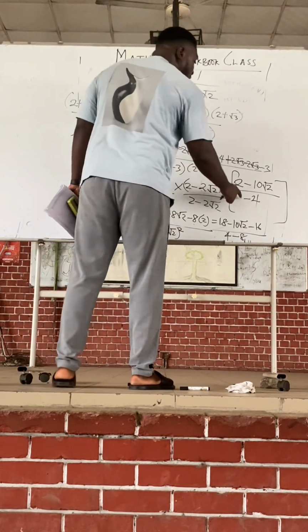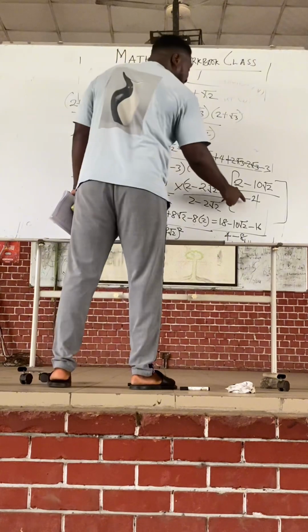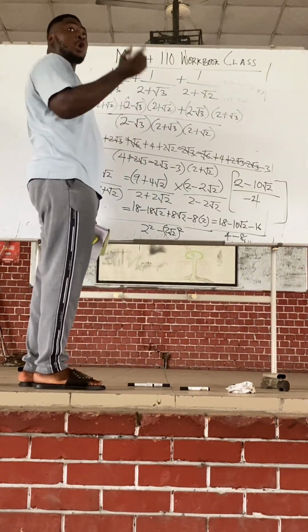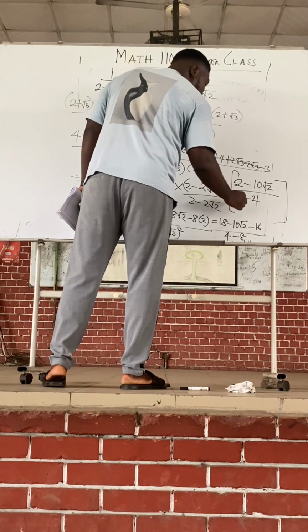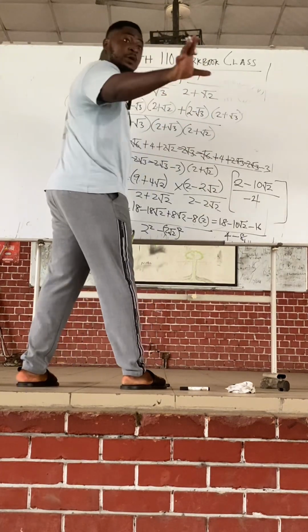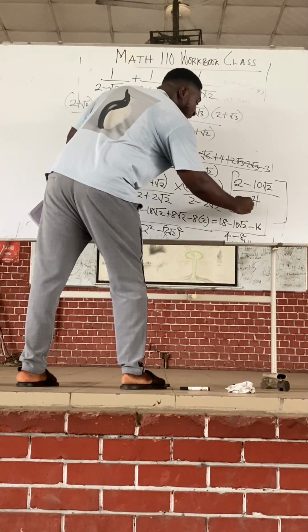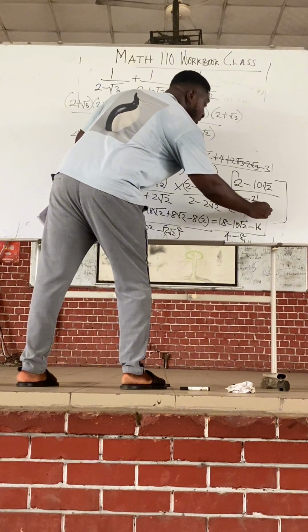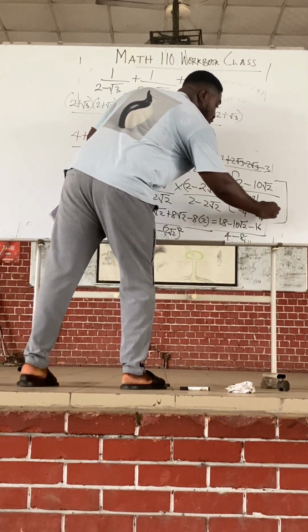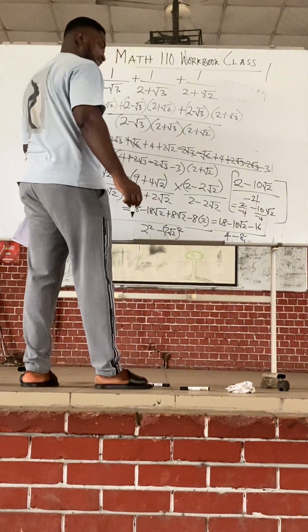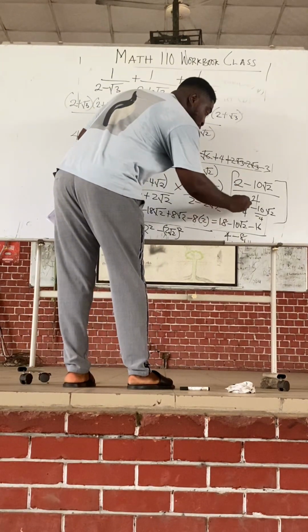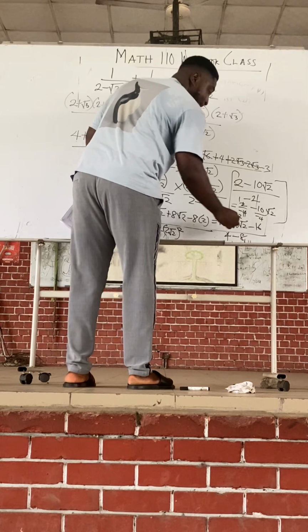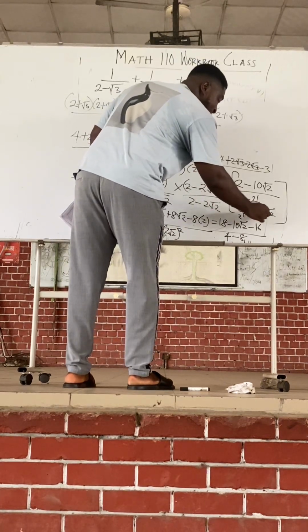Class, it's not good for a minus to be under. Anytime you have a fraction and the minus is under, the minus can go up: multiply up and down by minus. What will you have? Follow me, let's do it this way. It is taken as 2 all over minus 4, minus 10 root 2 all over minus 4. Minus 4 belongs to both. 2 here, 1 here, 2 here; 2 here, 5 here, 2 here.